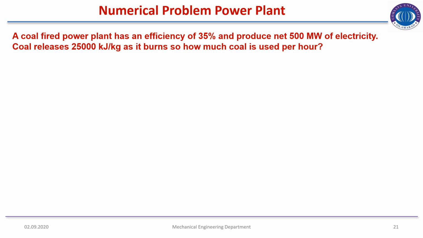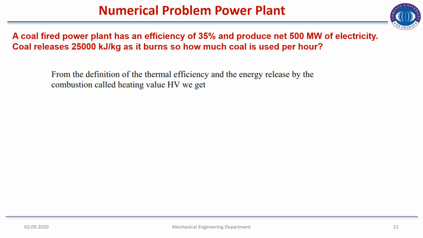Numerical problem, power plant. A coal-fired power plant has an efficiency of 35% and produces a net 500 megawatt of electricity. Coal releases 25,000 kilojoule per kg as it burns. So, how much coal is used per hour?